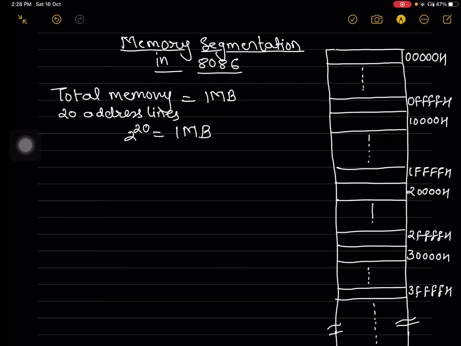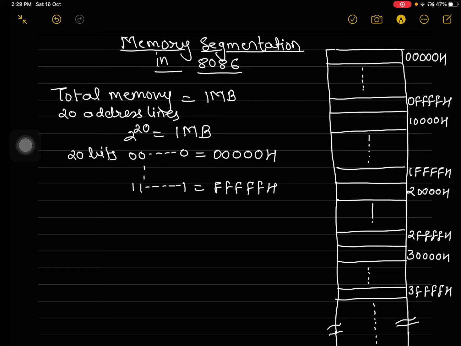If I consider the 20 address lines, the minimum address that can be sent is all 20 bits 0. Correspondingly, written in hexadecimal, the minimum address becomes 5 hexadecimal digits of 0. And if I make the maximum address all 20 bits equal to 1, then the address becomes FFFFFH.